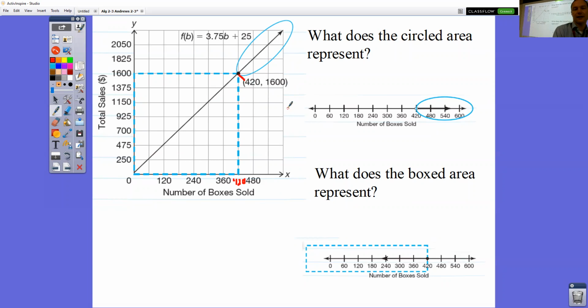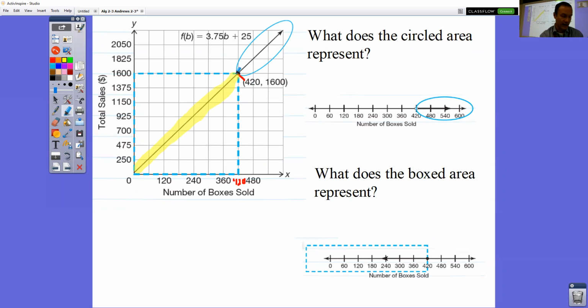What does this circled area represent? Well, that circled area represents the sales if they sold more than 420 boxes. All of the sales that were less than 420 are right here. So if they only sold 120 boxes, it would be here. 240 boxes, it would be here. 360 boxes.